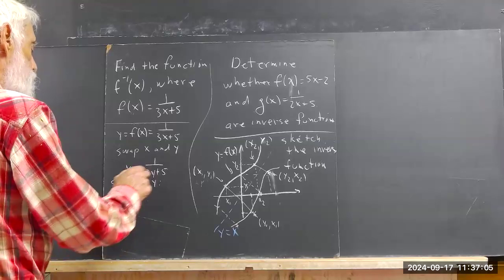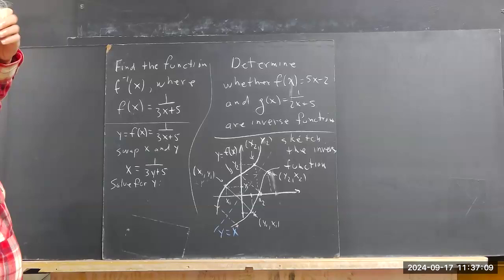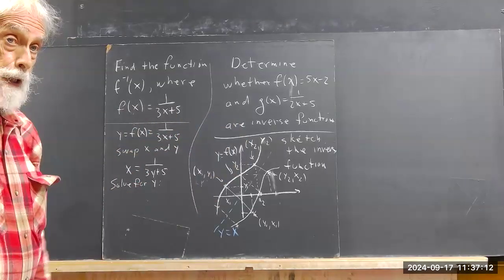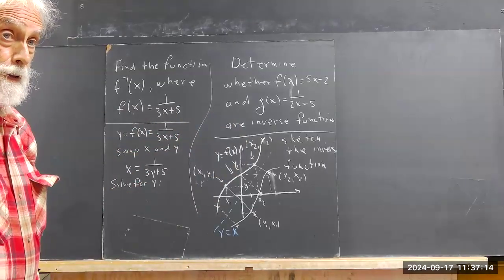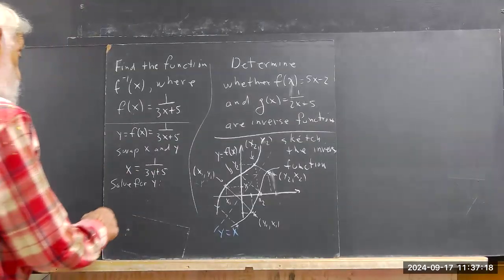Well, to solve for Y, we've got a denominator here, and Y is in the denominator. We generally just want to clear out all our denominators when we solve an equation. So we multiply both sides by the denominator, 3y plus 5.